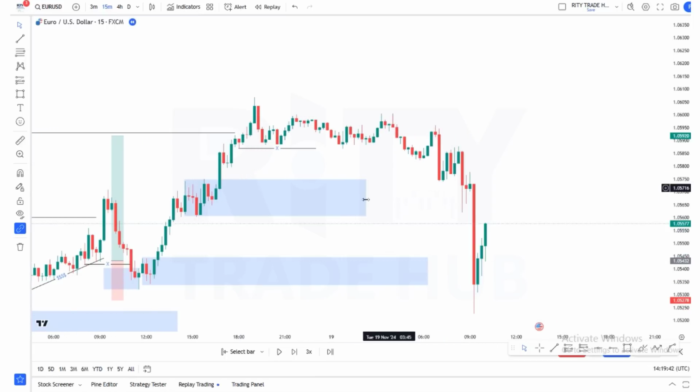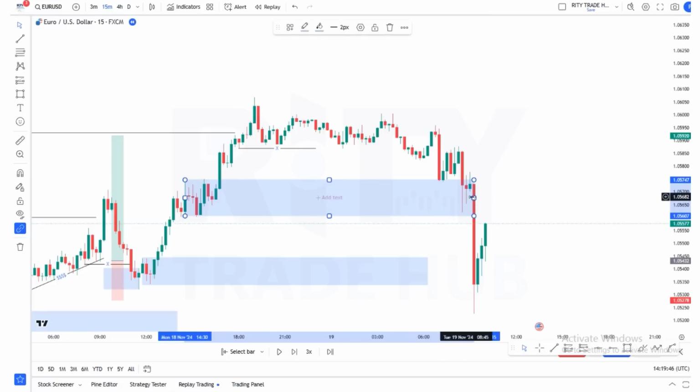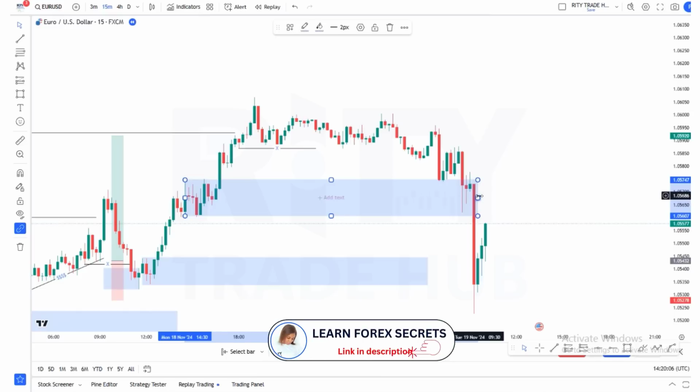Alright guys, as you can see, price did react as a decisional POI, and the decisional POI failed to hold the price. And then what happened? This devalidates this zone. Remember, decisional POIs always have 50% probability, as market makers also use them as liquidity zones. So moving on here, this POI failed.